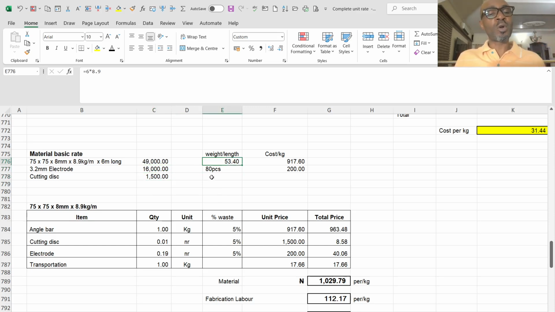So for you to get your cost per kg, you compute the length of the angle iron in the market, which is 6 meters. And since we understand that the weight per meter is 8.9 kg, you multiply 6 by 8.9 kg to give you the weight of one length.